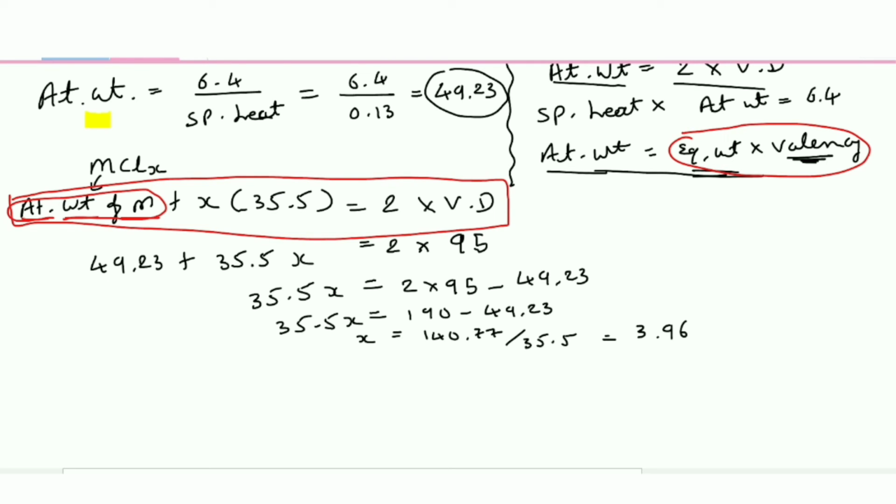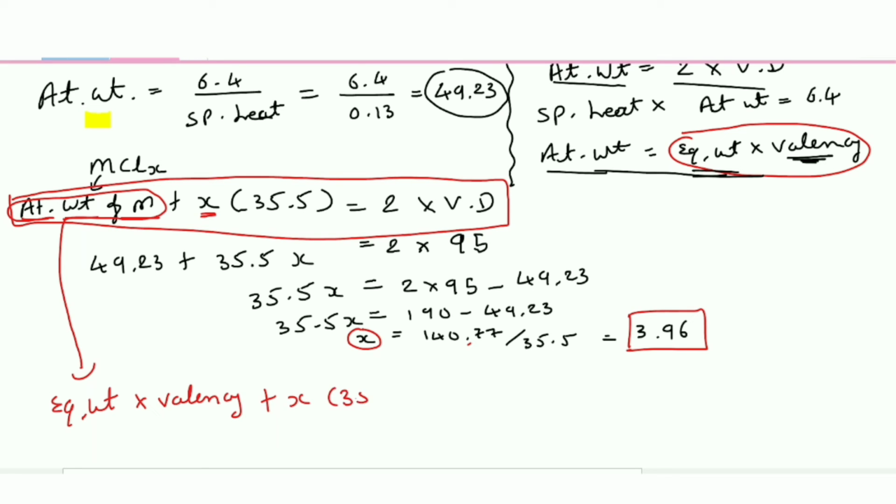So what can I write? I can write here equivalent weight into valency. And what is valency? This x is the valency, which is 3.96. Plus x into 35.5 is equal to 2 into vapor density.